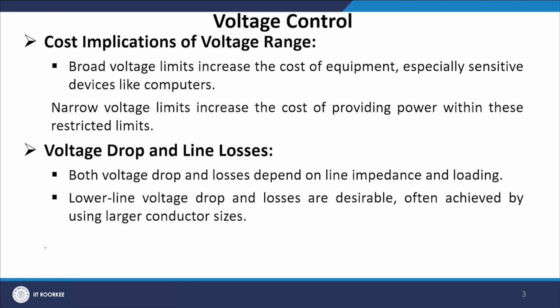Now, what are the cost implications of voltage range? Broad voltage limits increase the cost of equipment, especially sensitive devices like computers, and narrow voltage limits increase the cost of providing power within these restricted limits. Now, voltage drop and line losses are very well connected.